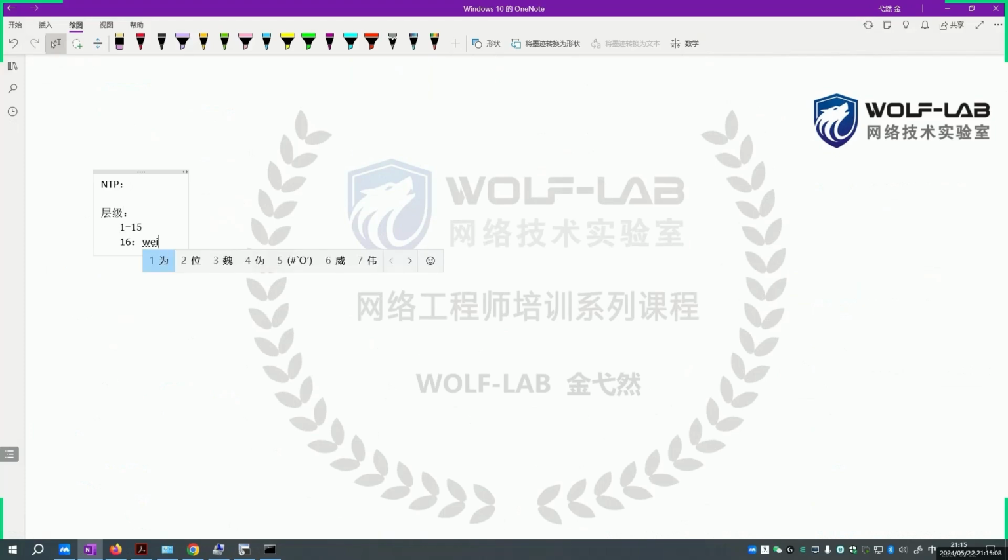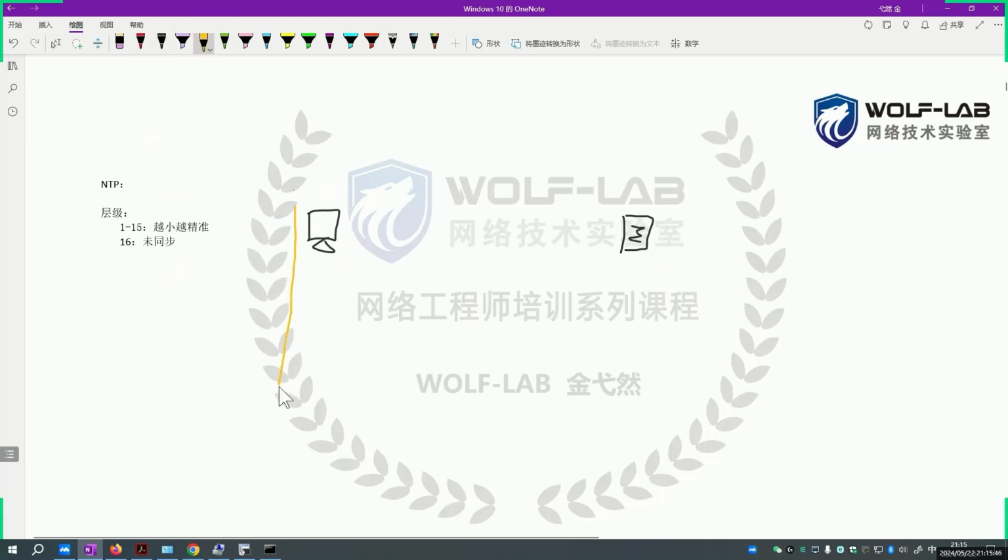As time goes by, at a certain time point, point A, the host goes to find the server to synchronize time and sends out the NTP packet. Then the server on side B receives it at point B, and then B sends back the reply packet. The server replies to the client.